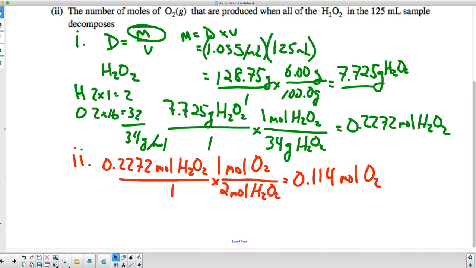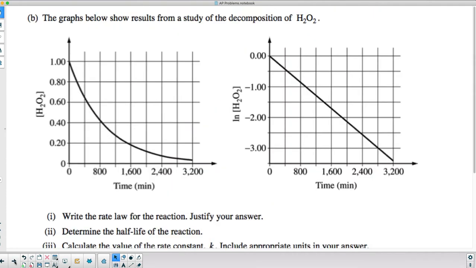Now let's continue on. The next part says, the graphs below show results from a study of the decomposition of H2O2. So we're going to write the rate law for the reaction. Notice on the left-hand side I have a graph of just the concentration. Notice the curve for the concentration.